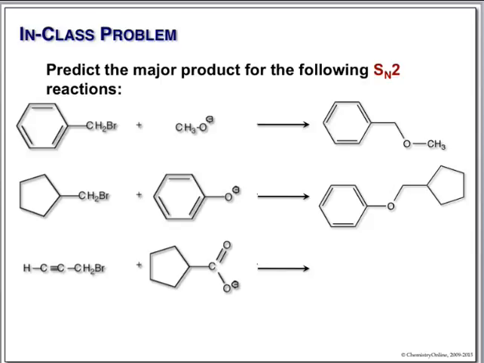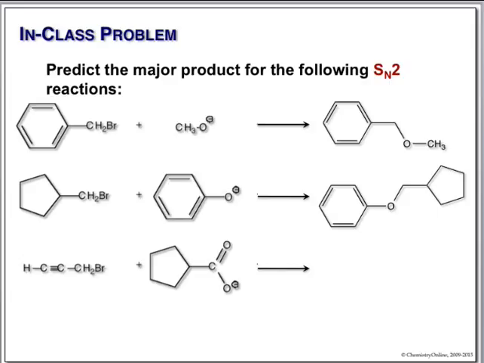Our last one here, we're going to make a carboxylate ester. The carboxylate anion is our nucleophile. This is a triple bond, the CH2 next to it. If this was a double bond out here, we would call this an allylic center, wouldn't we?